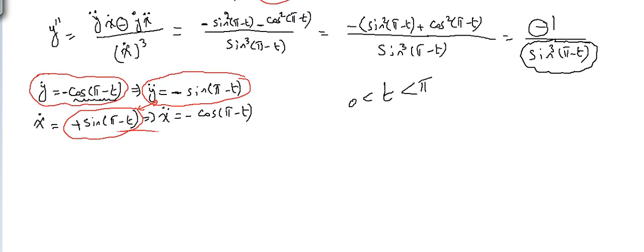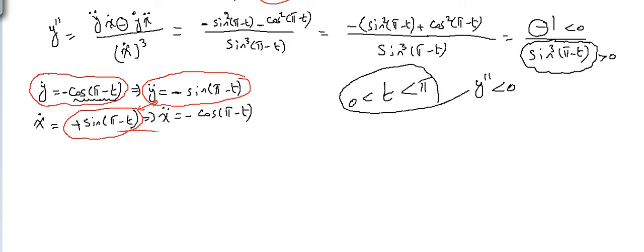This means that the denominator is positive and the numerator is negative. This means y double prime in this case is strictly negative over all the domain of t, excluding 0 and pi, because these special angles make the sine 0, not negative, not positive. It will be 0 in the denominator, so exclude these values.